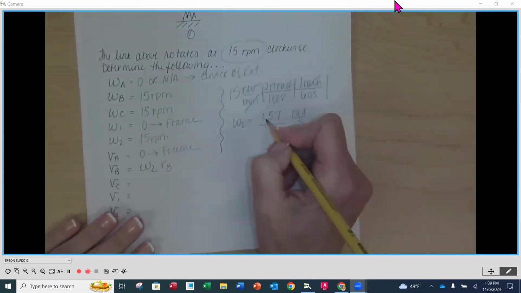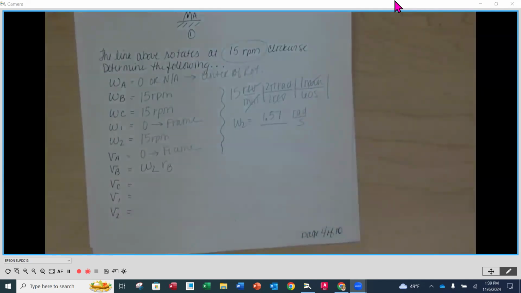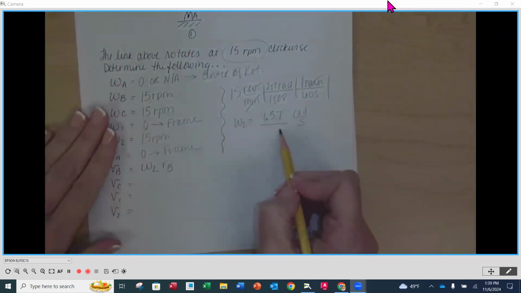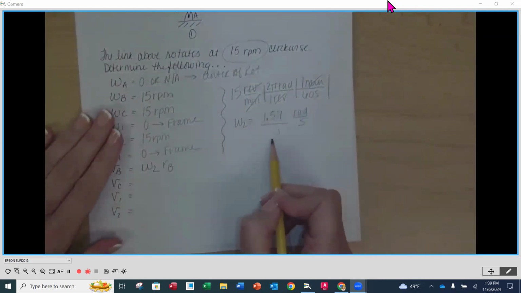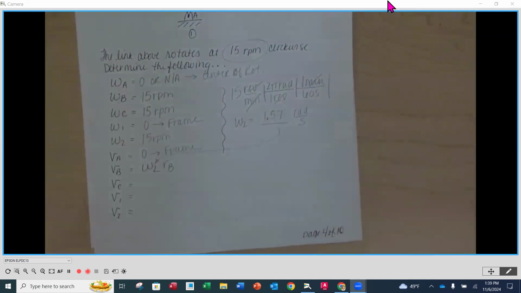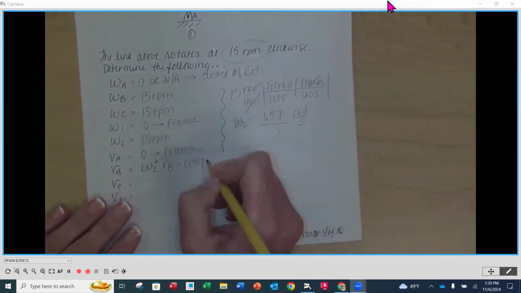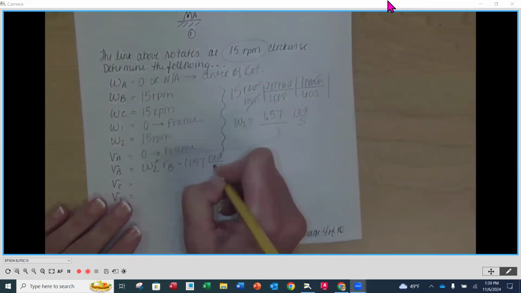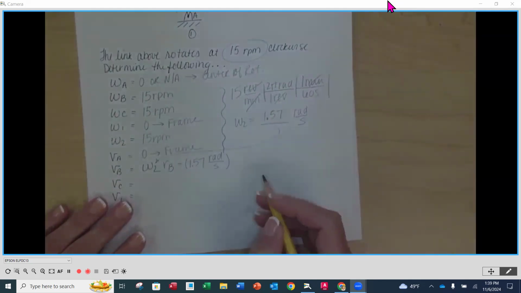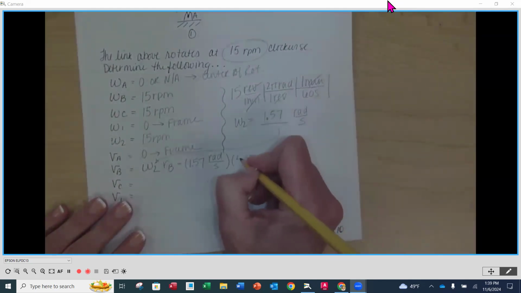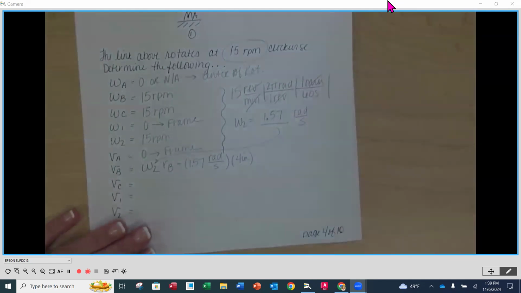Did anybody else get that value? Tyler did. Awesome. Aaron did. Perfect. Now this is the value with its units that we're going to put right in there. So this is going to be equal to 1.57 radians per second. And the radius is 4 inches.